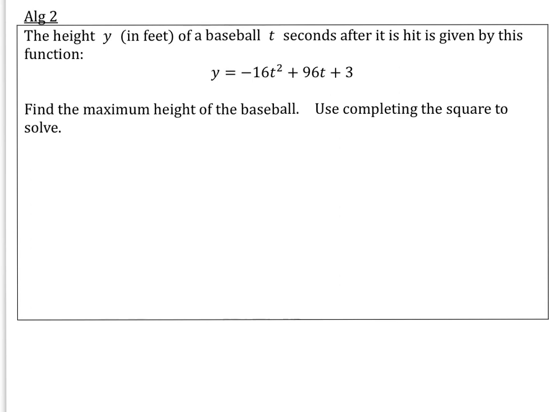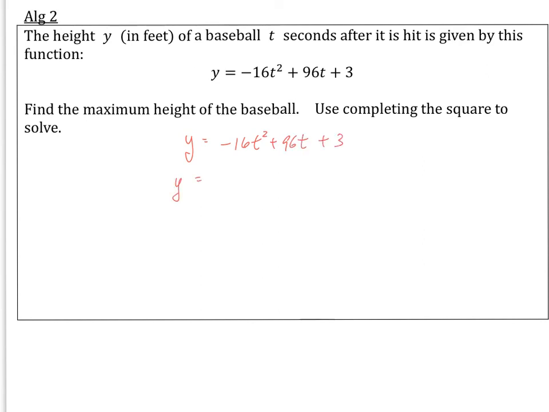The height y in feet of a baseball t seconds after it is hit is given by this function. Find the maximum height of the baseball. Use completing the square to solve. Okay, so here I'm going to take y equals -16t squared plus 96t plus 3.